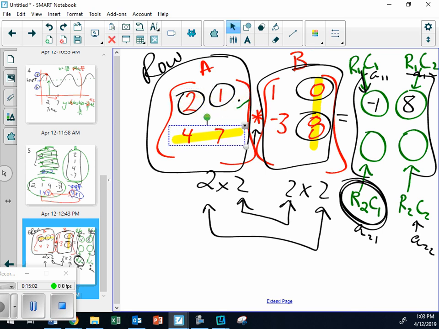Okay, 4, 7 goes with 1, 1, -3. Yup. And then, tell me what to do. That's 4 and 21. And what do you do to them? -17. Who actually had -17 in that spot?